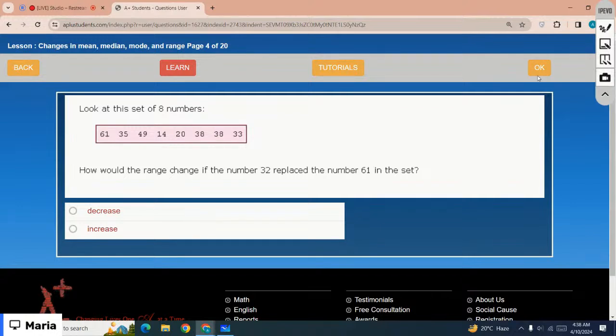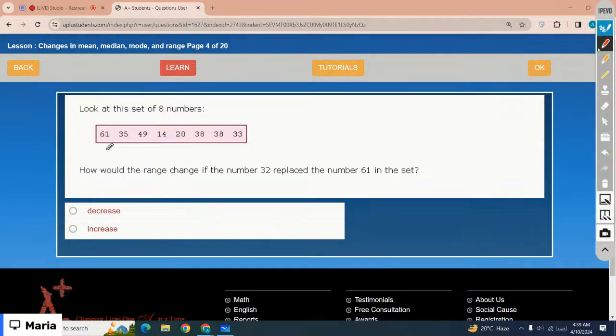Look at the set of 8 numbers. How would the range change if the number 32 is replaced by the number 61 in the set? Okay, for this one, the range is the greatest number minus the least one. For this one, you have the range 41, right? Now let's just replace 32 by 61.